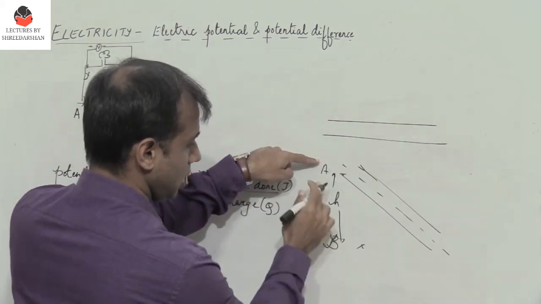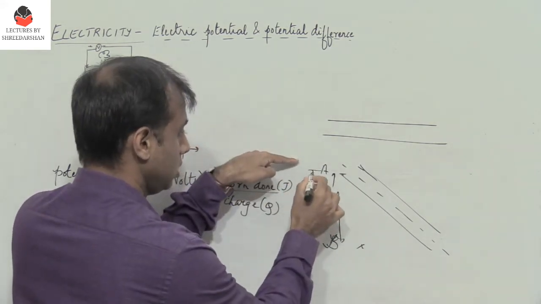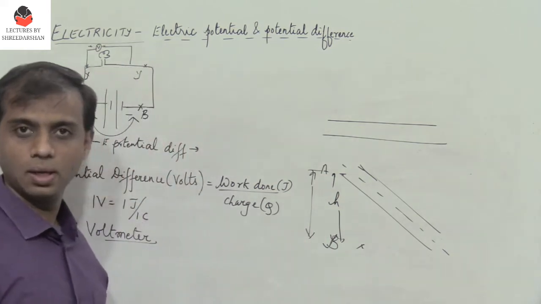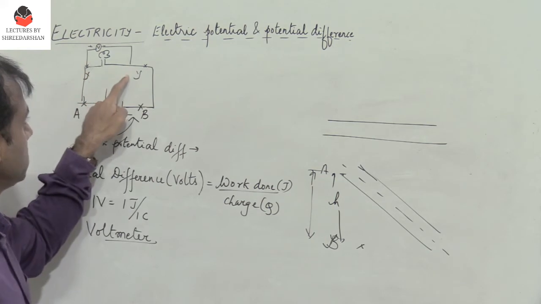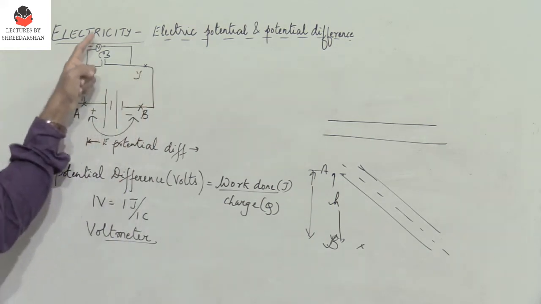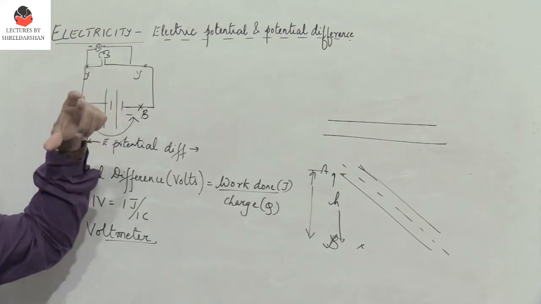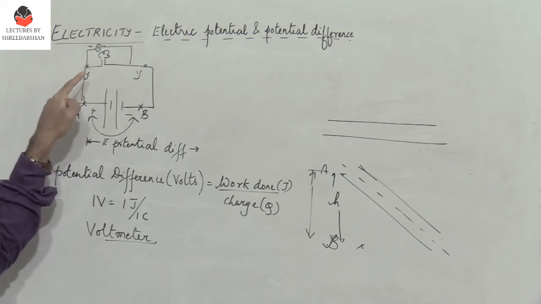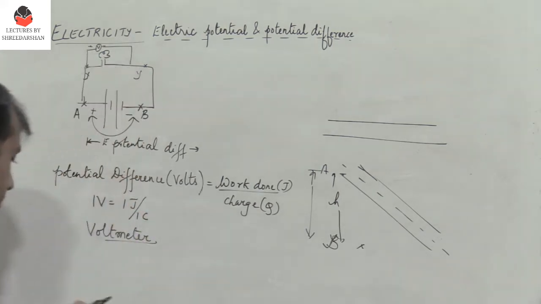Similarly, to measure the potential difference between the 2 points x and y, I have to connect a voltmeter across x and y. Therefore, the voltmeter is a device connected in parallel between the 2 points where I need to measure the potential difference.